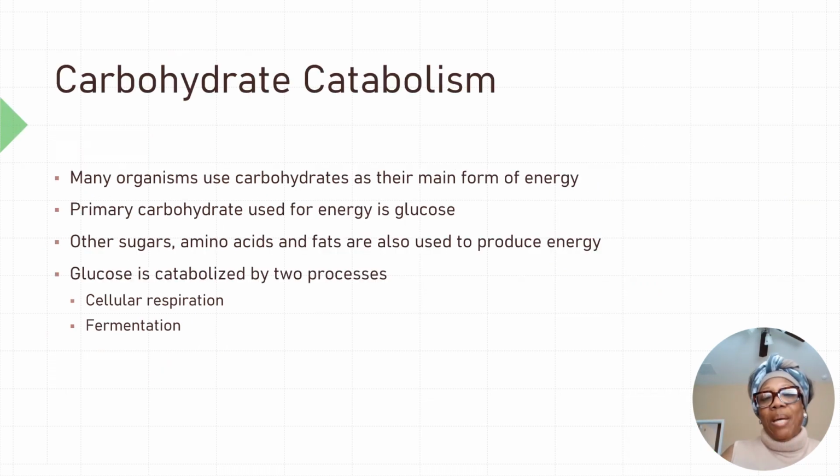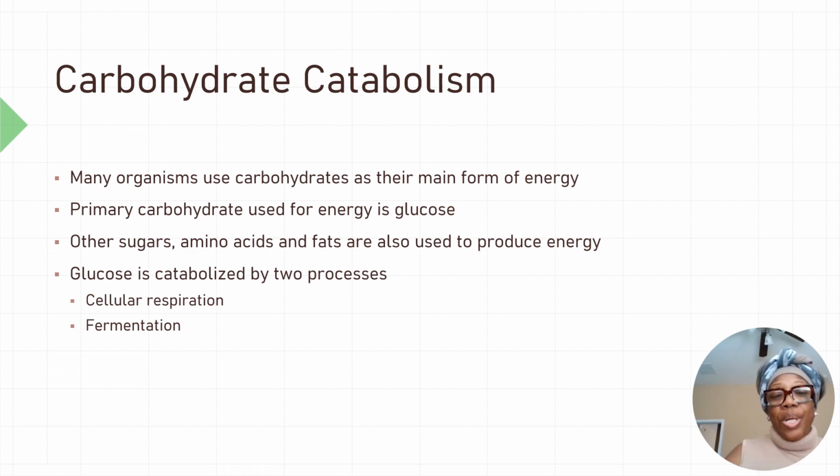So we now know that the word catabolism is just one of the processes involved in metabolism, and the process of catabolism specifically breaks down larger macromolecules like carbohydrates, lipids, proteins, etc. So in carbohydrate catabolism, keep this thought in mind, many organisms use carbohydrates as their main form of energy. The primary carbohydrate used for energy is glucose.